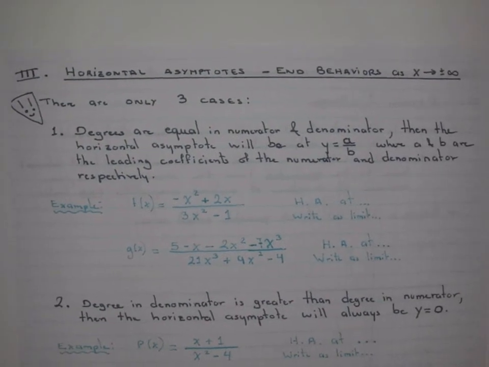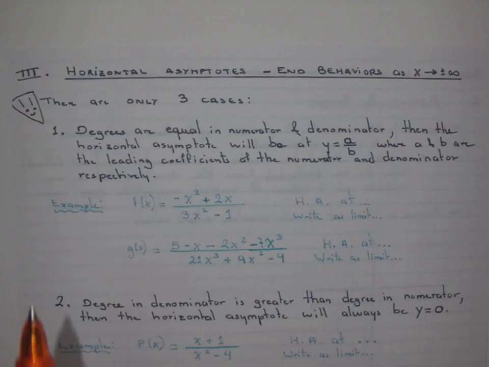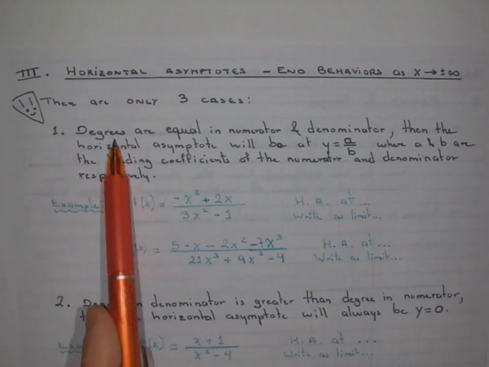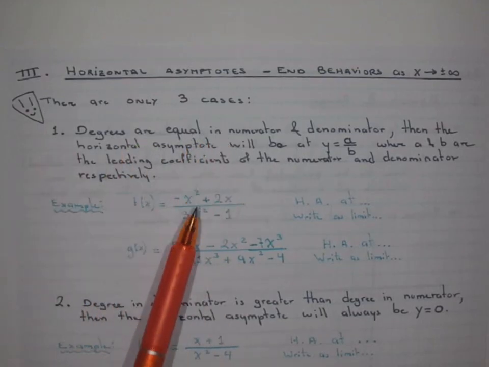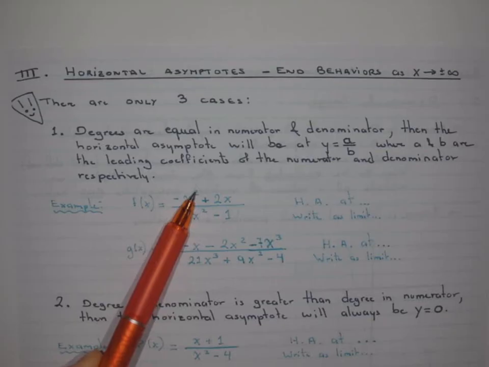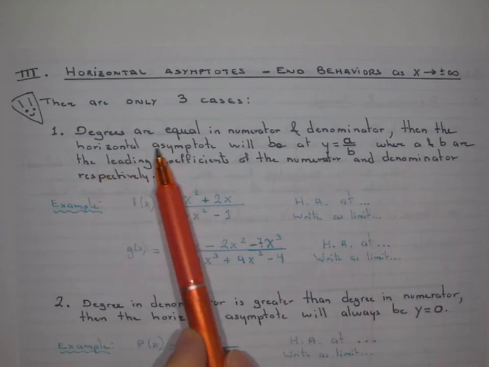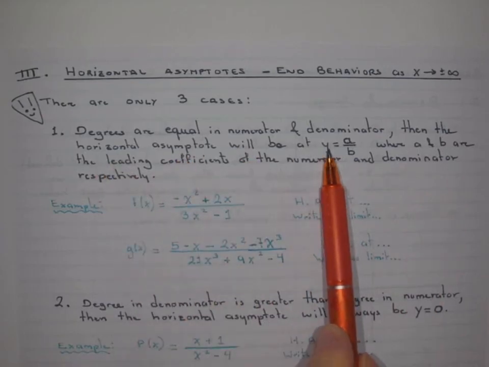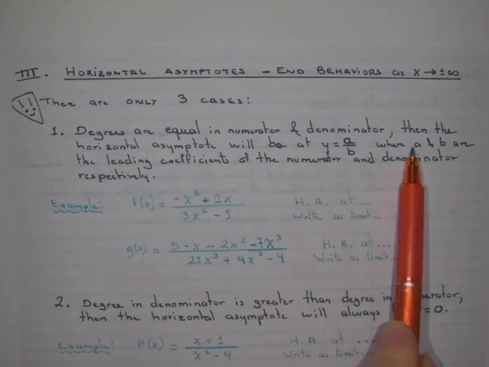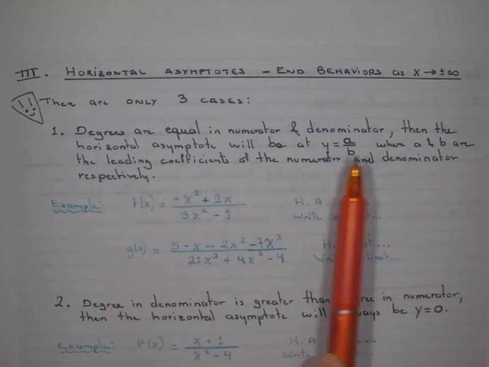Okay, horizontal asymptote. We only have 3 case scenarios, right? The first case scenario is when the degrees are equal in the numerator and in the denominator. When the degrees are equal, and in this case they are, right? My numerator is a quadratic, denominator is a quadratic as well, so degrees are equal. Then we would know that the horizontal asymptote will be at y equals a over b, where a and b are the leading coefficients of the numerator and the denominator respectively, right?